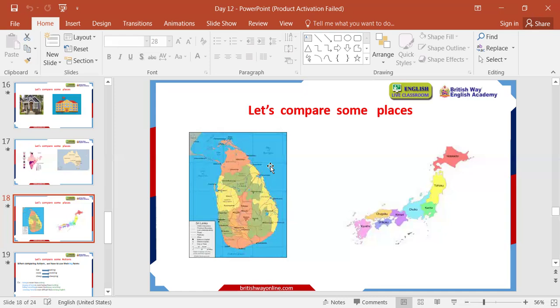Sri Lanka is more cultural than Japan. Sri Lanka is more traditional than Japan. Japan has more islands than Sri Lanka.